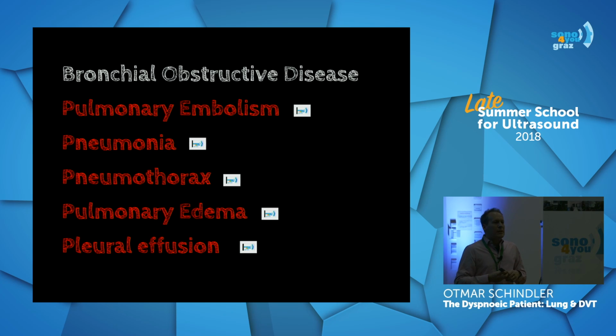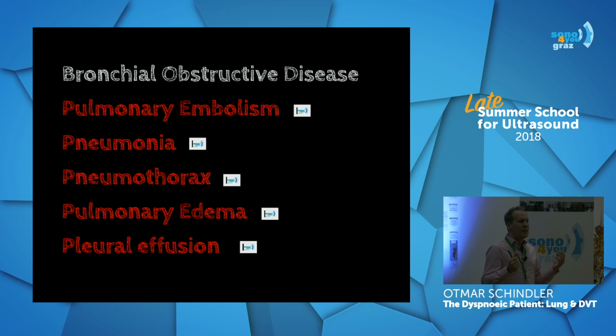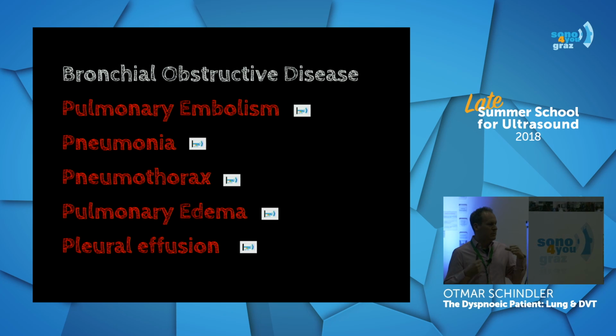Why do we talk about lung ultrasound? What does the dyspnoeic patient have? If you encounter a patient who comes to you and is breathing heavily, what are the things you immediately think about? There are the big 5 and one more reasons. The first reason, for me as a pulmonologist, is always bronchial obstruction.